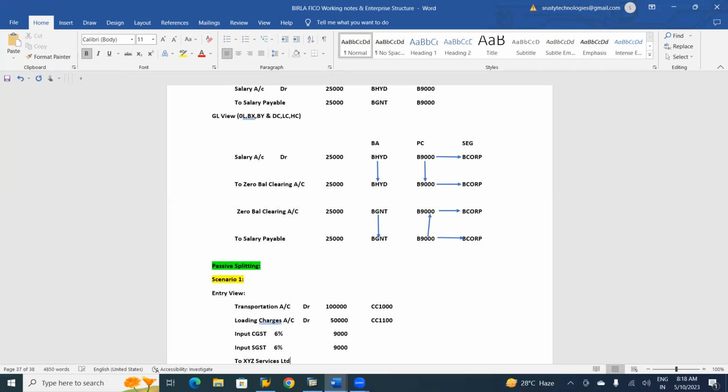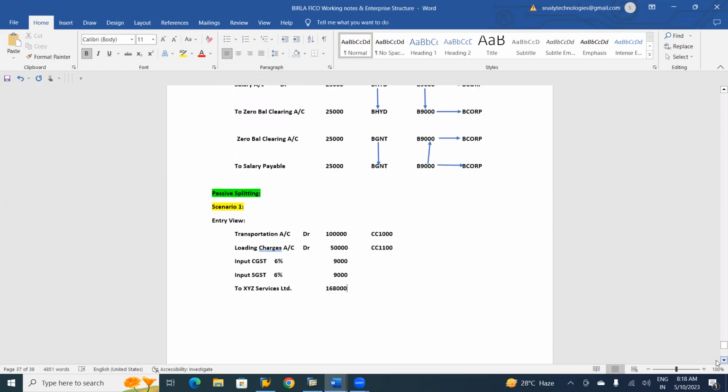Trade payables. So total 1,68,000. So this is entry view.